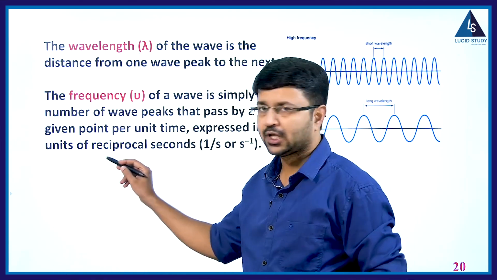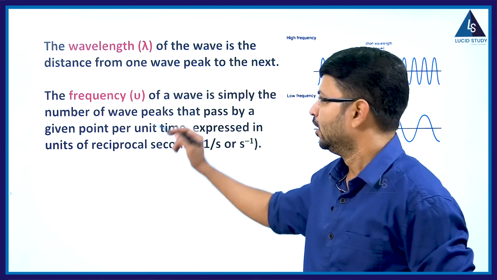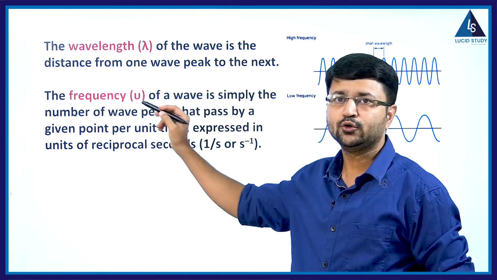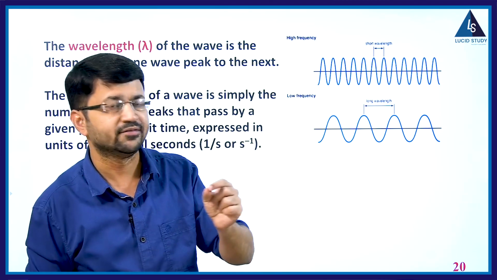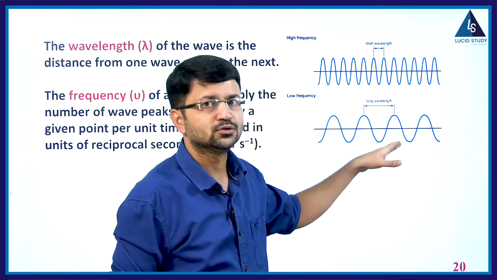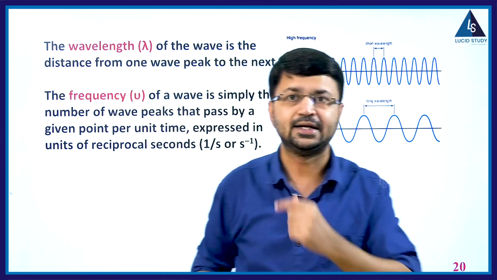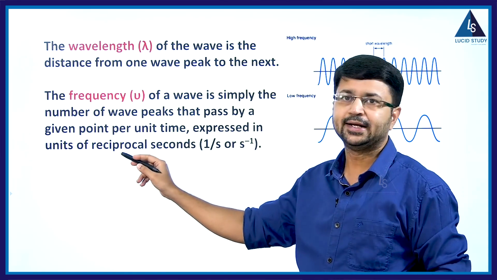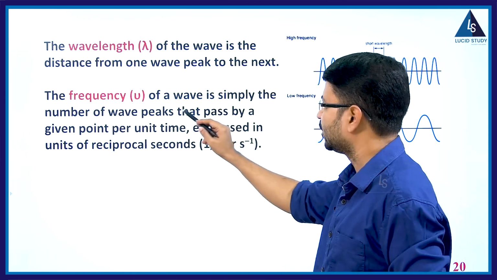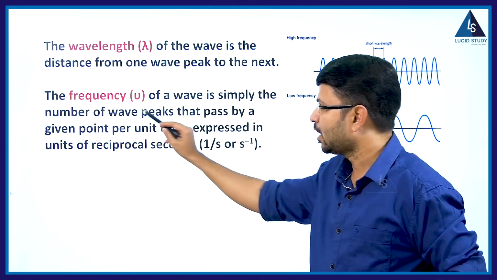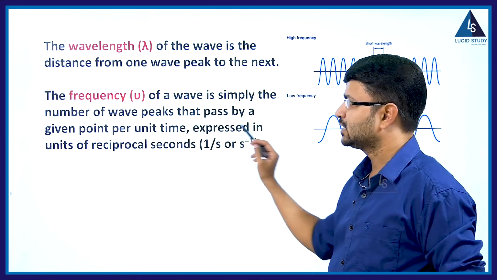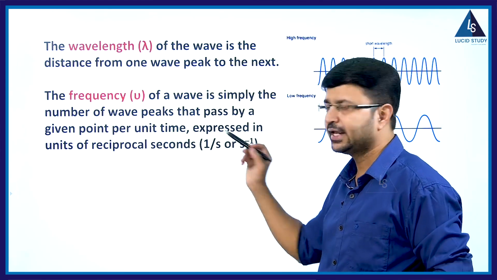Now there is one more term, that is nothing but what? Frequency. What do you mean by frequency? Means the number of waves that pass through a particular distance in a unit time. The frequency can be defined in this manner: the number of wave peaks that pass by a given point in a unit time.